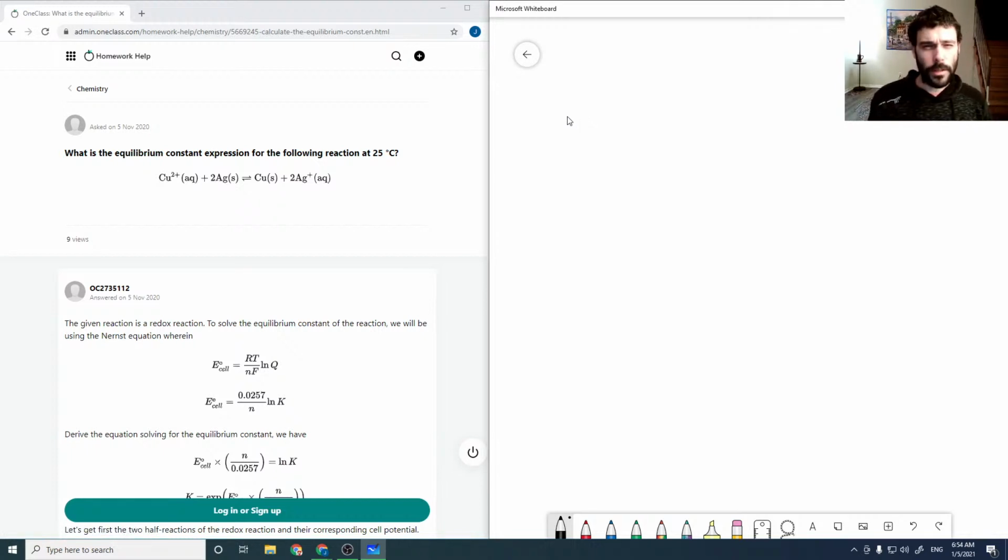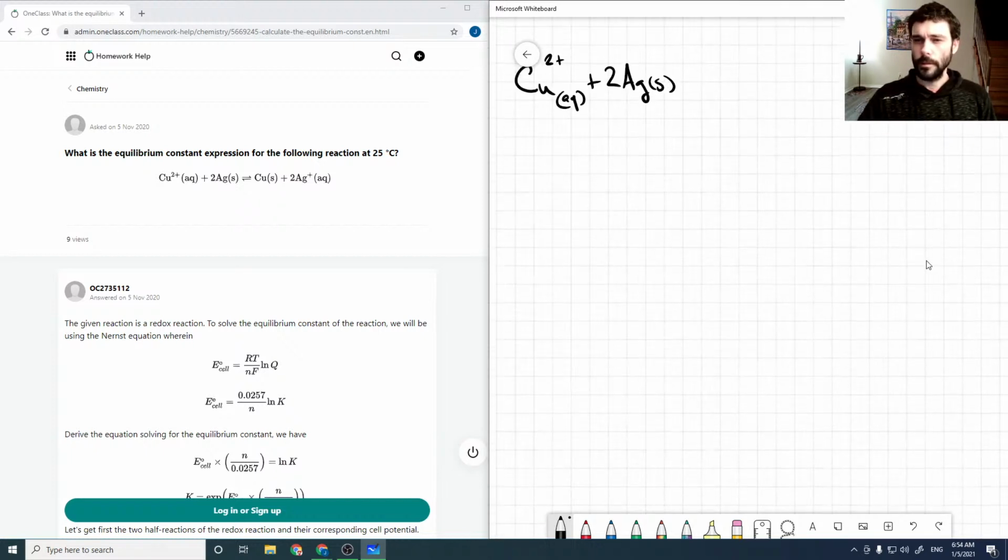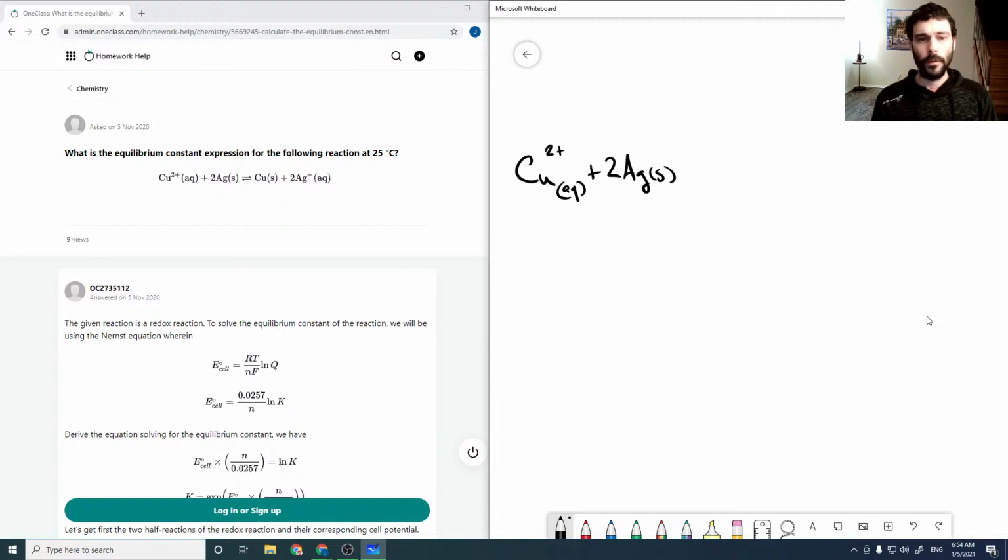All right, what is the equilibrium constant expression for the following reaction at 25 degrees Celsius? So copper 2 plus, and I'm just going to migrate this a little bit, goes to copper solid plus silver plus aqueous.